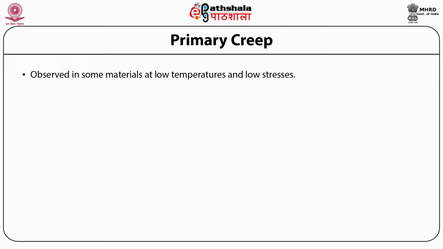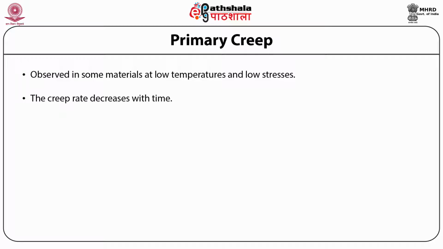In primary creep, the creep rate decreases with time. At any point, the creep rate is the net result of the rate of recovery and the rate of hardening. If the former is lower, then the creep rate will decrease with time.